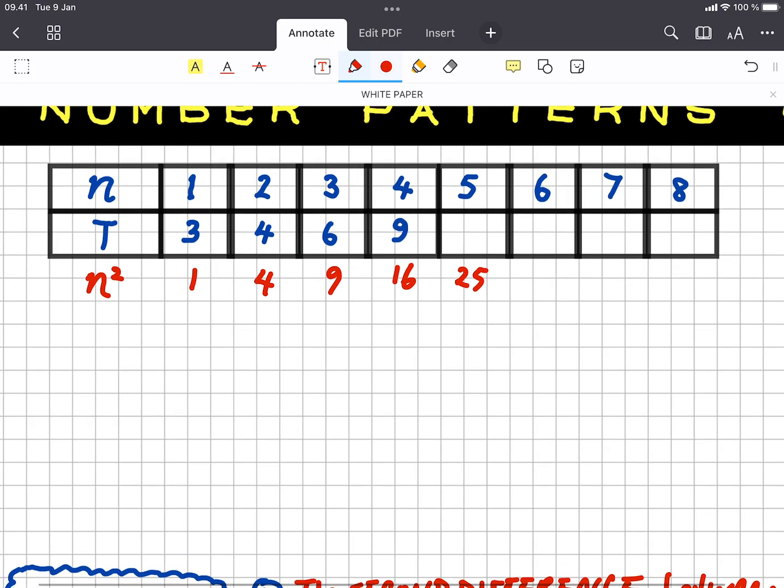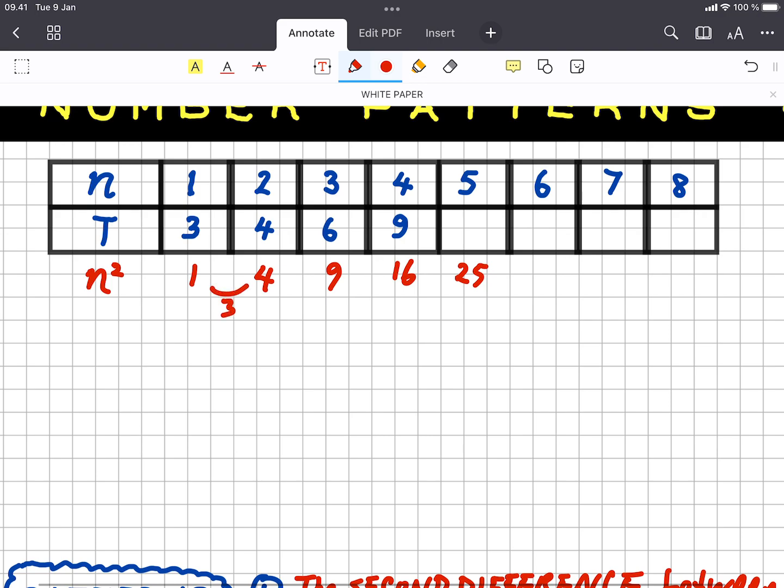And the differences between those would go 3, 5, 7, 9. And then the second differences would go 2, 2, 2, always 2. We only want the second differences to be 1.